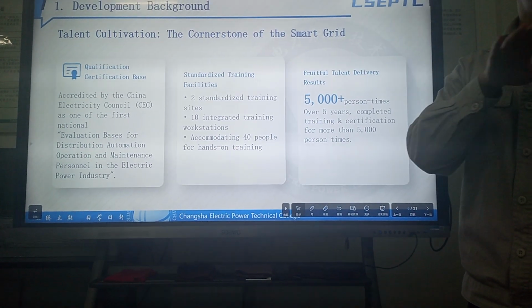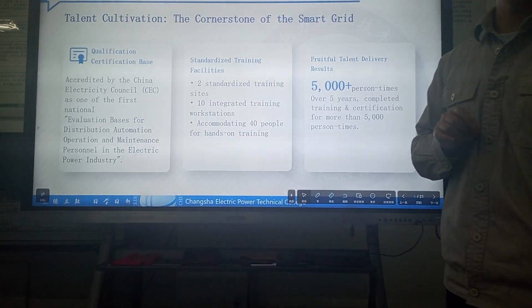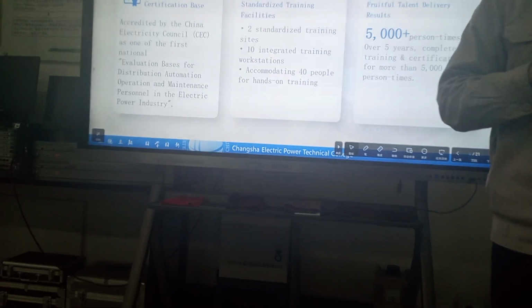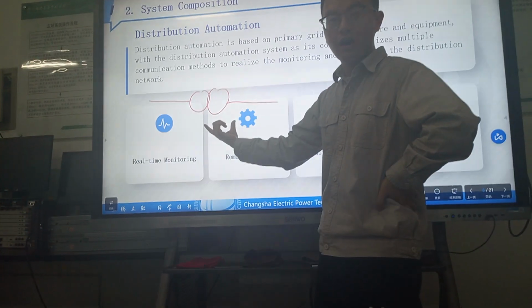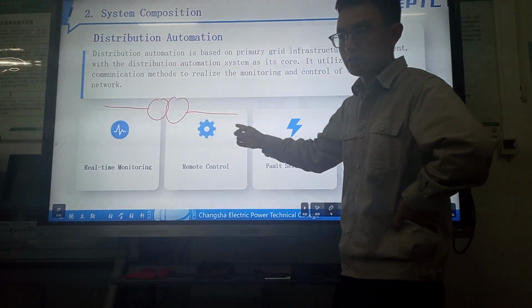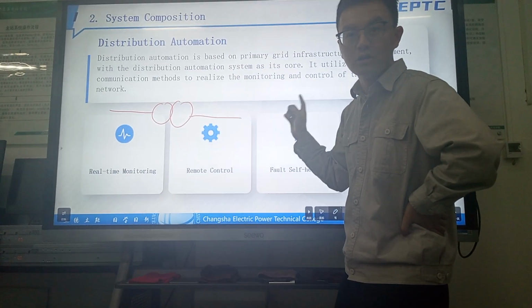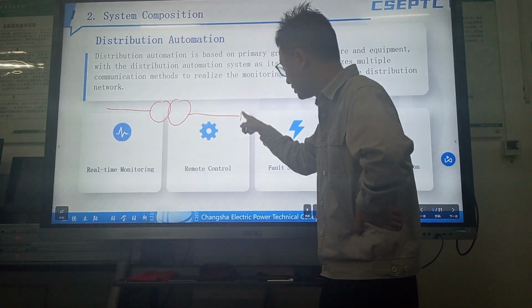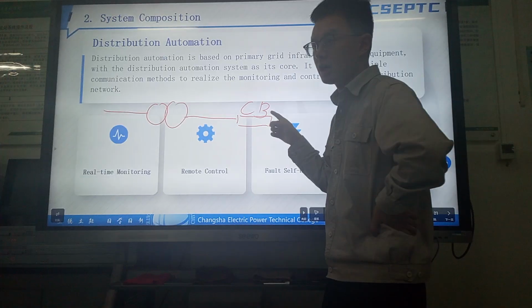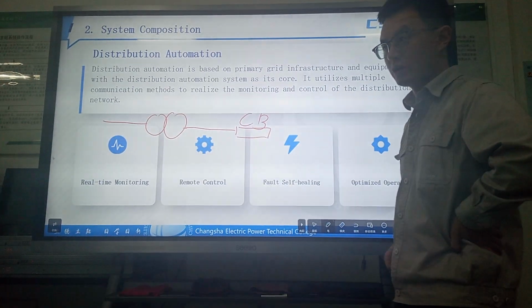Distribution automation. Why do we need that? You know this figure. Transformer. Primary, secondary, and in the secondary we have outgoing lines, right? Outgoing lines we equip with circuit breakers, okay?